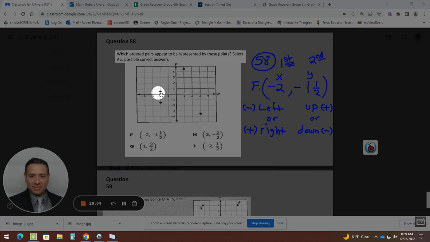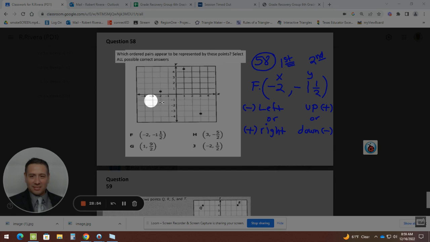That's where I'm at right now, but you're not done yet. Now the second one says -1.5, so I need to go either up or down. Negative is down: 1, 1.5. Did I hit that point? Yes. So that would be where I would plot the point.